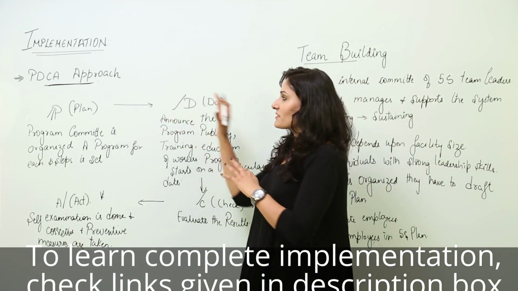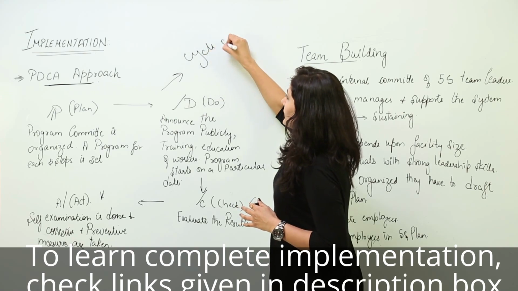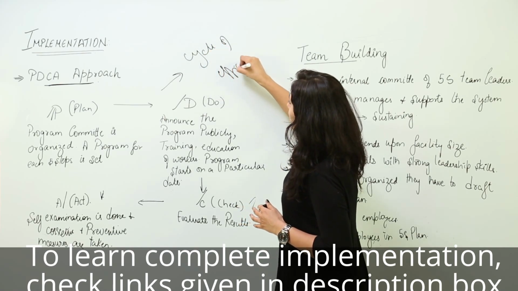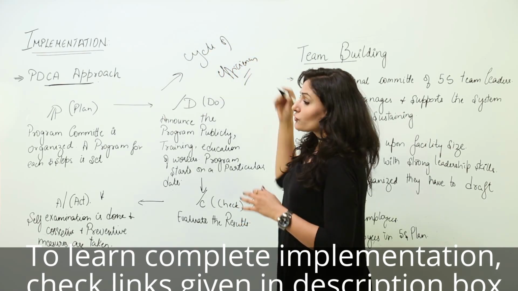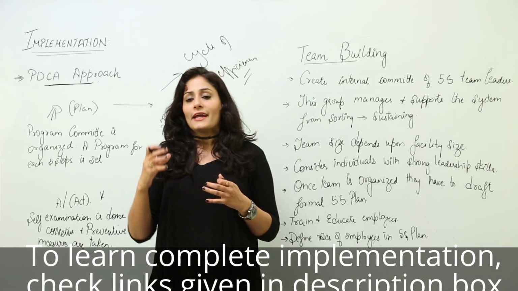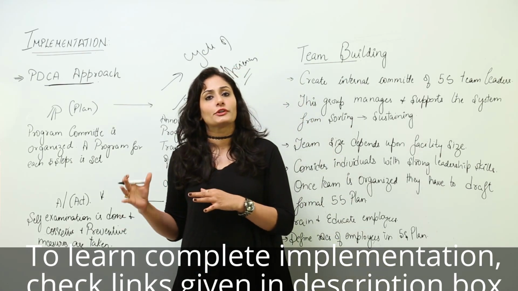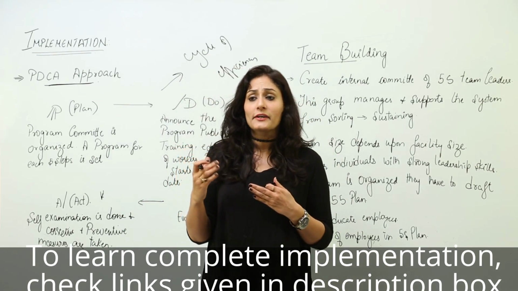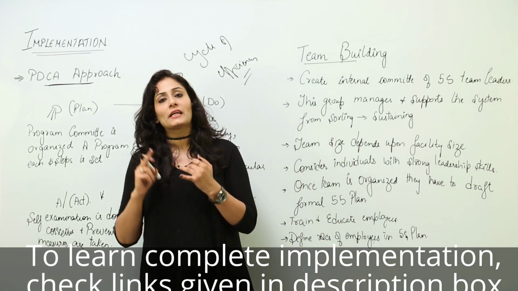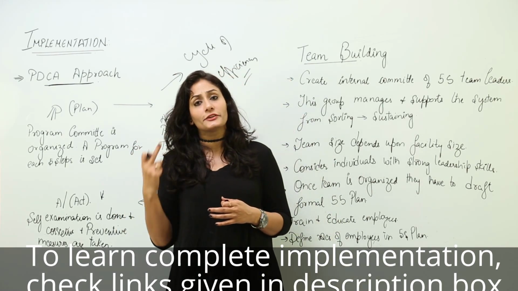And this forms a cycle, and I call this the cycle of efficiency. So why is this a cycle? It has to be a continuous improvement technique. It's not that you just implement 5S once and you think that you are sorted. No, you have to keep doing it, right? So your team should be meeting weekly, monthly, and they should review the program. So it has to be done continuously.